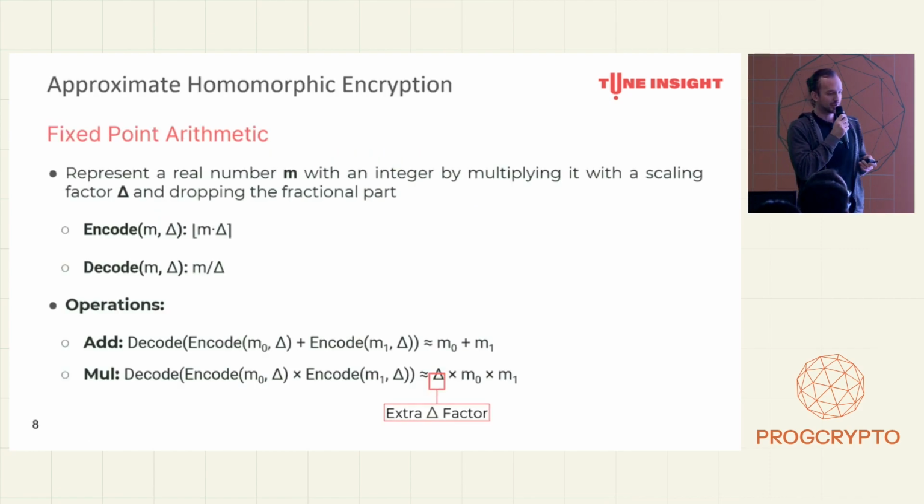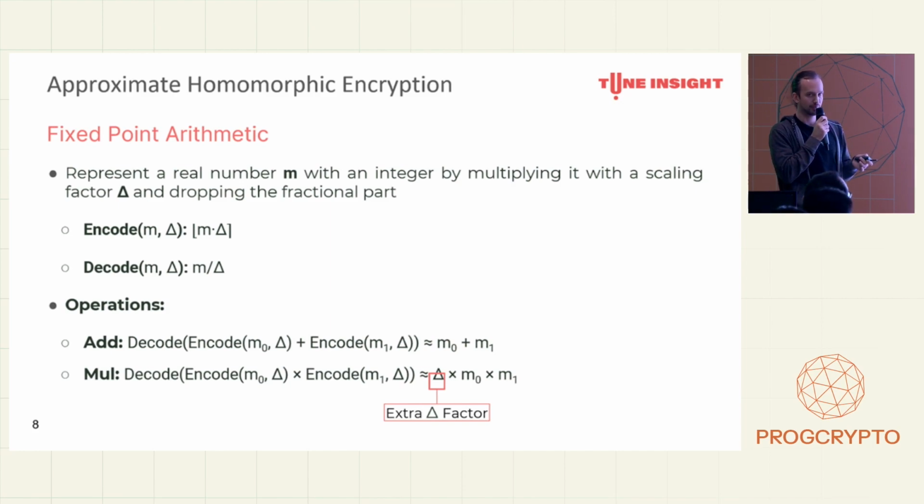First, I need to give a small introduction to fixed point arithmetic, because this is how values are encoded. With fixed point arithmetic, you want to encrypt a fractional number or real number as an integer, and how do you do it? You simply scale it by some scaling factor, and you round to discretize it to an integer. Addition works well. You just add them together and you get the addition.